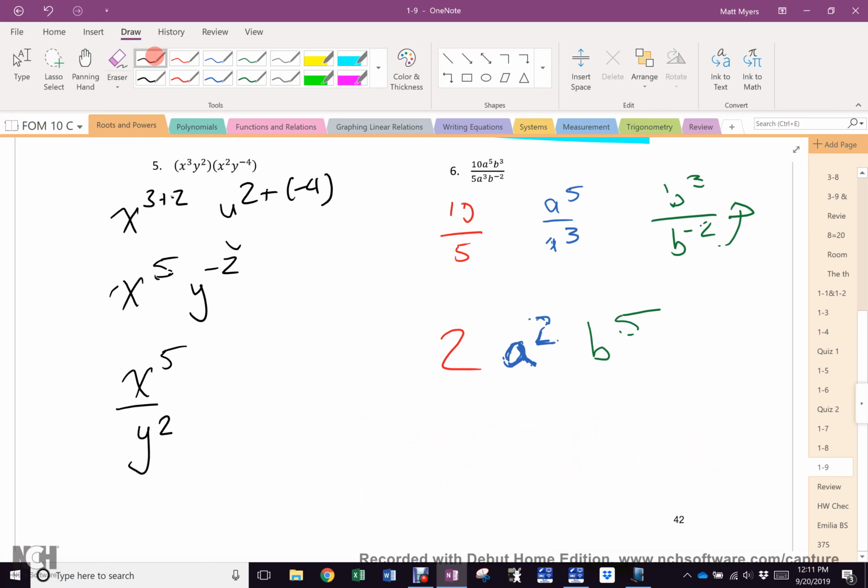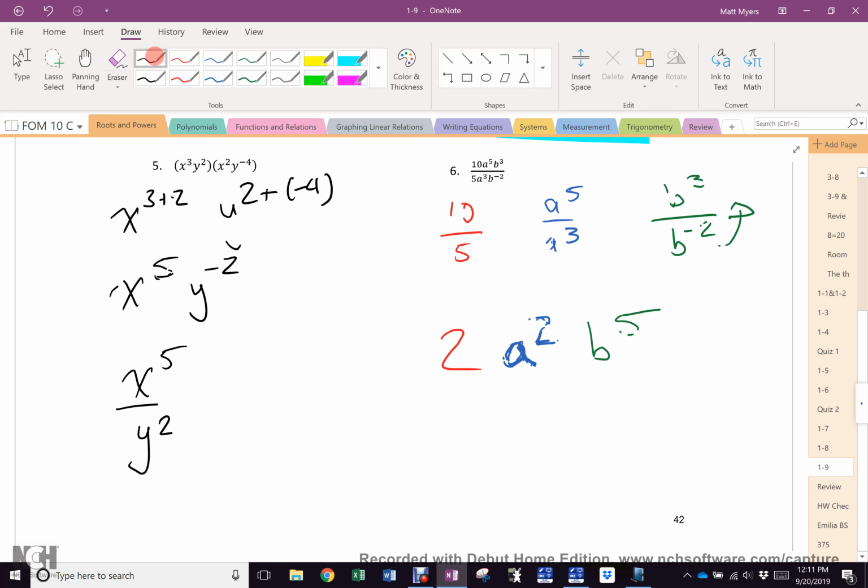Jacqueline. Okay, I would give that 2 out of 4 because what's not allowed? The negative 2. So where does that y negative 2 need to go? In the denominator, and what will happen to the negative 2?